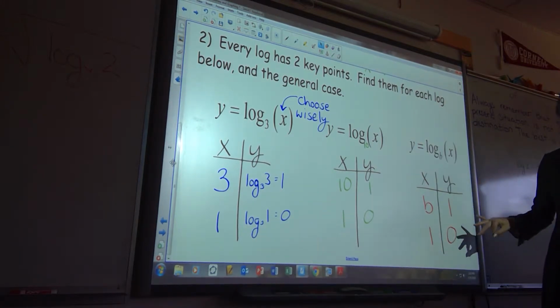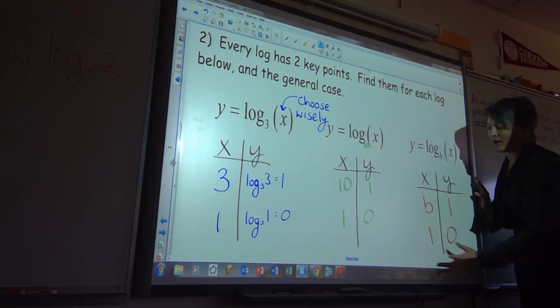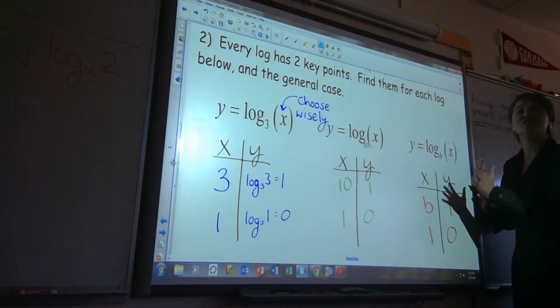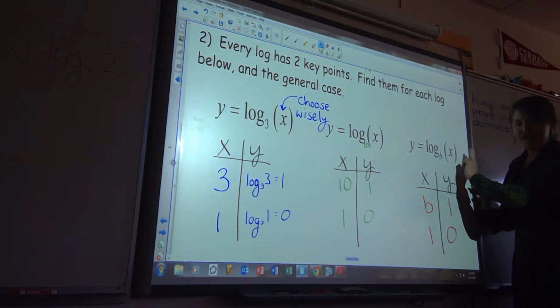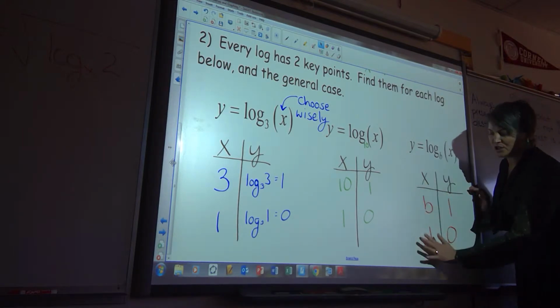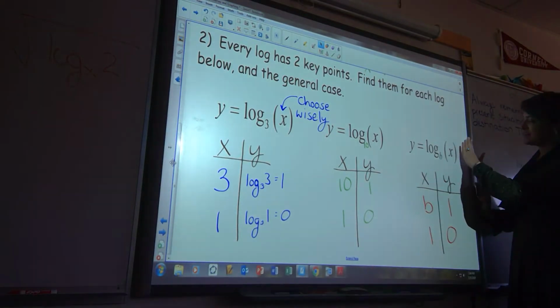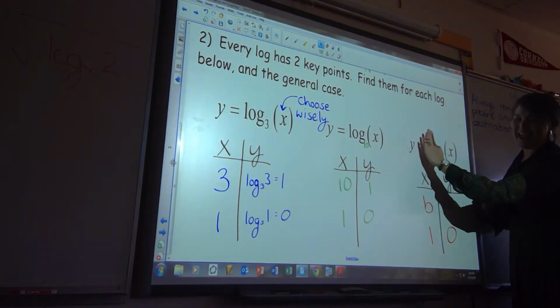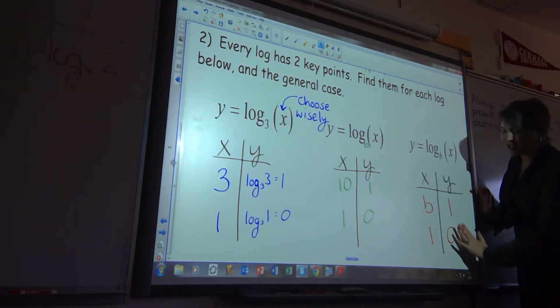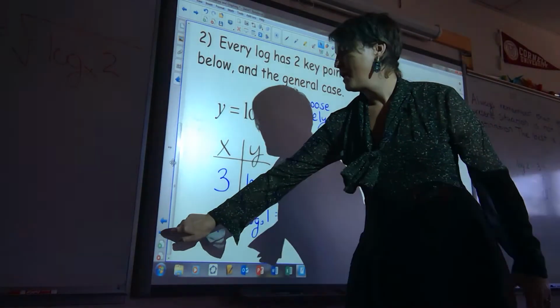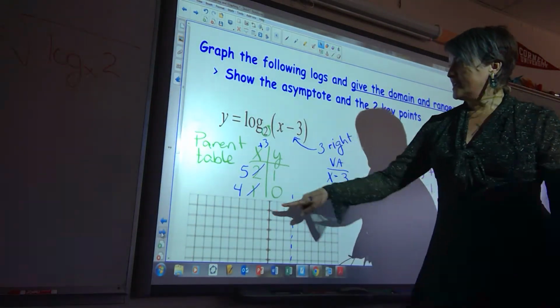What that means is not that these are going to be the points you plot. It means start with these points. If there's an h, change the x's by that amount. If there is a k or an a out front, change your y values. So you can see that here.